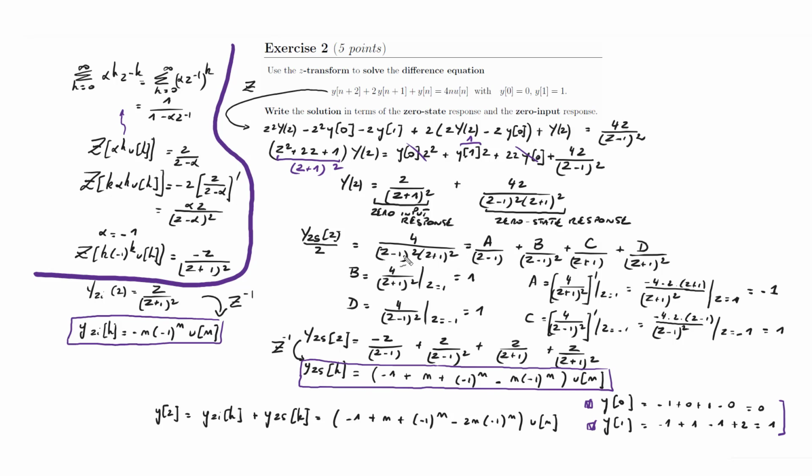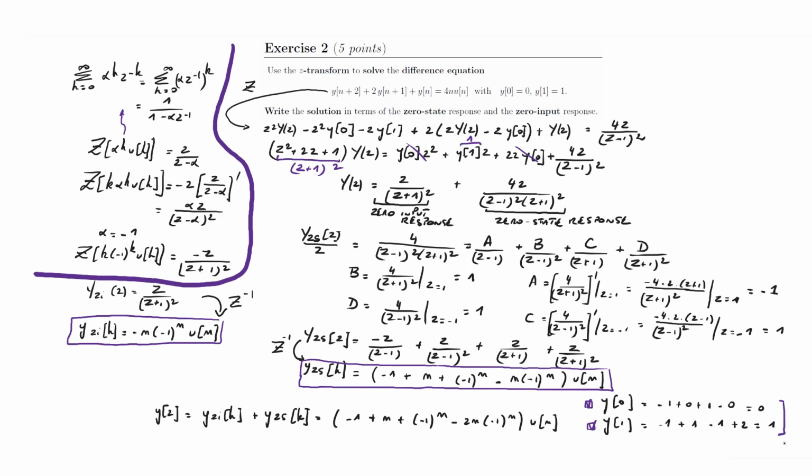The denominator is fourth order, so this leaves us with 4 constants, right? You can see now that if you multiply by Z, you'll have the Z appearing at the numerators over here, and this will give us known Z transforms, as you can see over here.